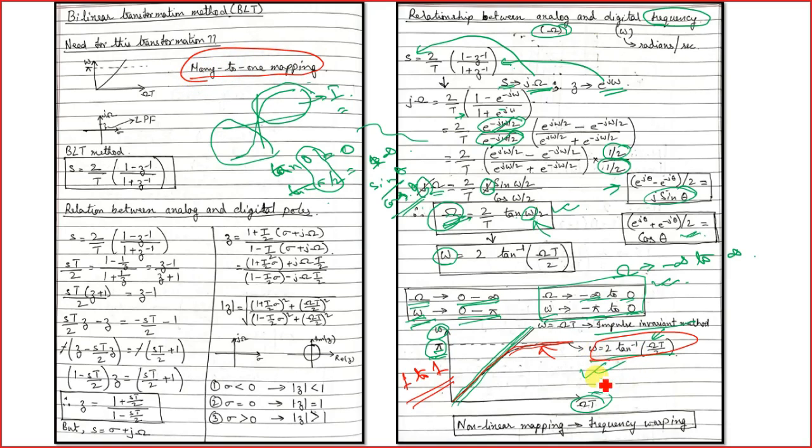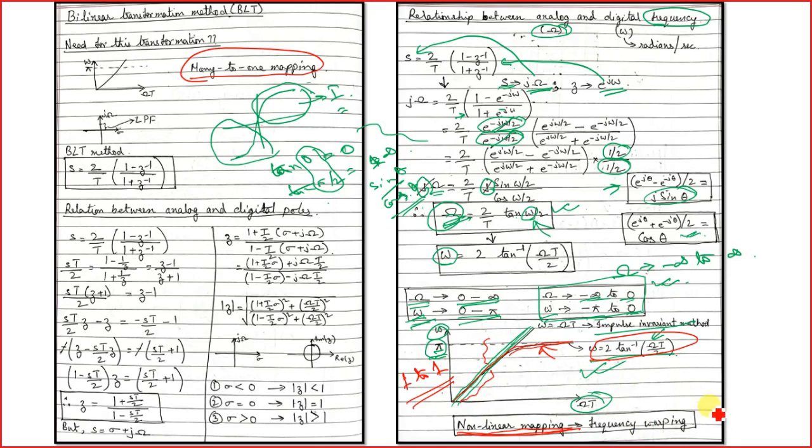But over here there is another problem, which is the non-linear mapping, right? Due to this non-linear mapping, the frequency components are being compressed in the higher frequency region, whereas the linearity is being maintained in the low frequency region.